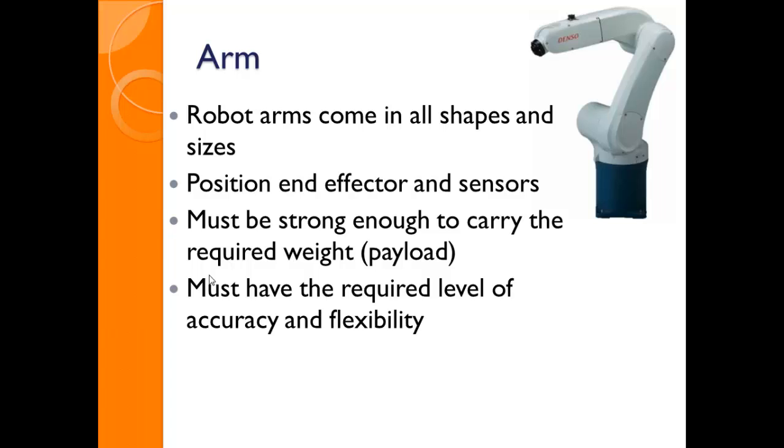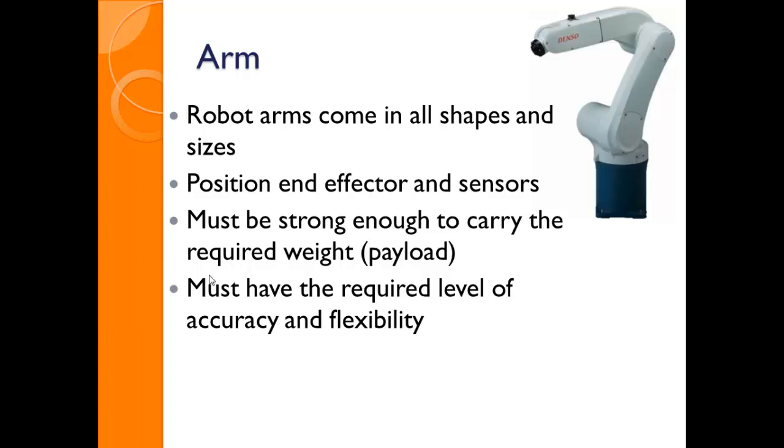All right, robots come in all shapes and sizes. The picture here is of a Denso robot. They position the end effector and sensors to perform whatever their task is. They have to be strong enough to carry the required weight. The required weight we normally say is the payload, right? And they must have whatever the required or desired level of accuracy and flexibility is.